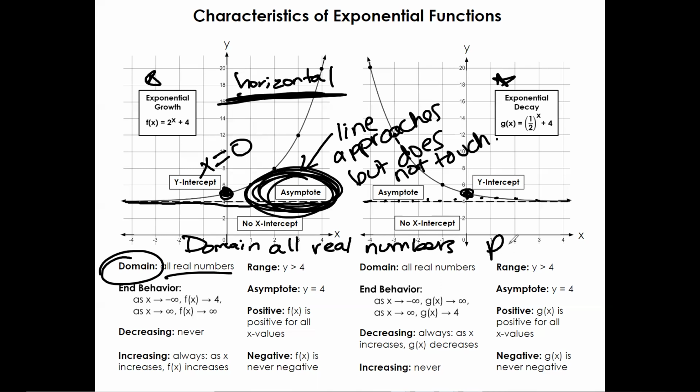The range is always going to deal with the asymptote. Okay, so you're going to find the asymptote and it's either going to be above or it's going to be below that. Okay, I'm going to get rid of all this craziness.